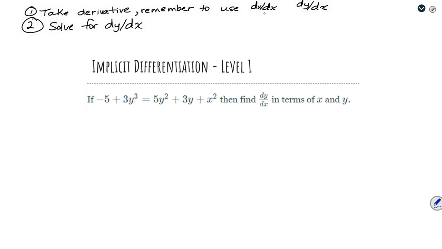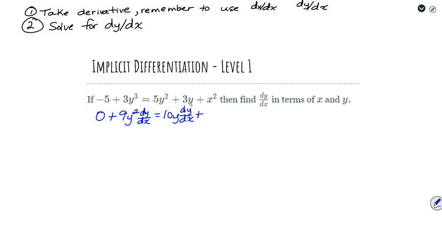The derivative of -5 is 0. Derivative of 3y cubed is 9y squared, but I took the derivative of y, so I need to write dy with respect to x equals. The derivative of 5y squared is 10y dy dx. Take the derivative of y with respect to x.